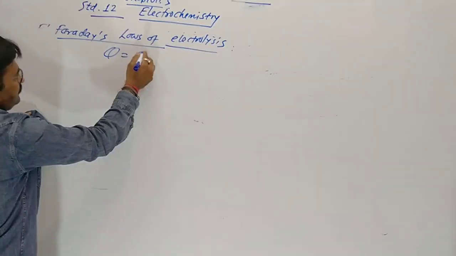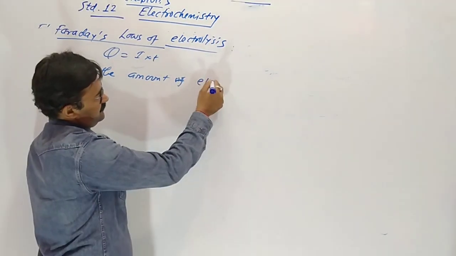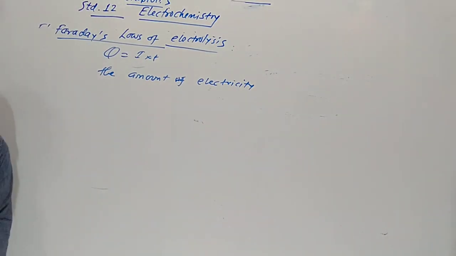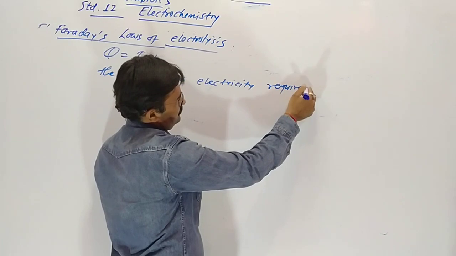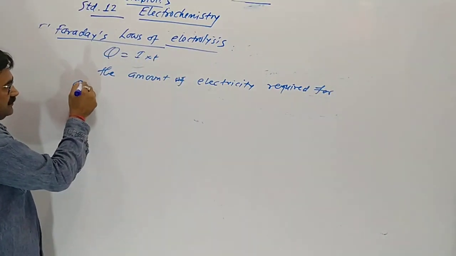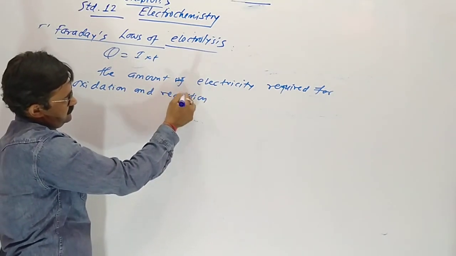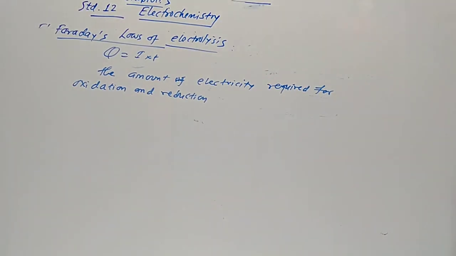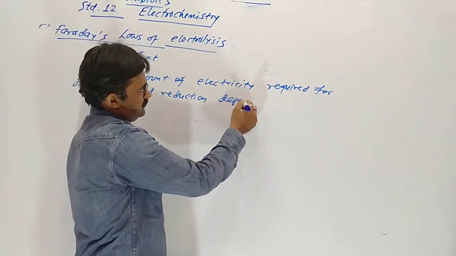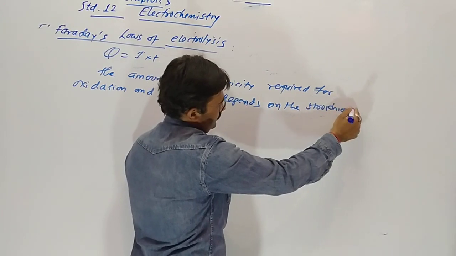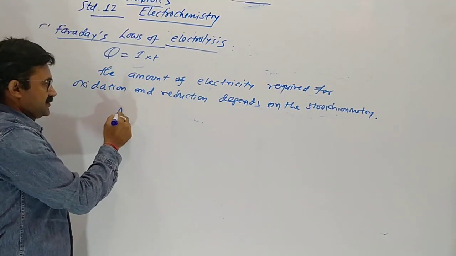The amount of electricity required for oxidation and reduction depends on the stoichiometry of the electrode reaction.